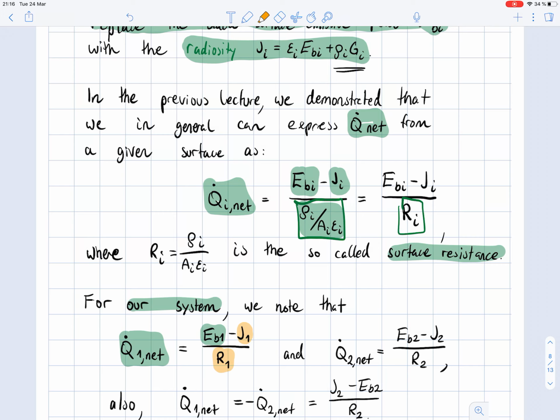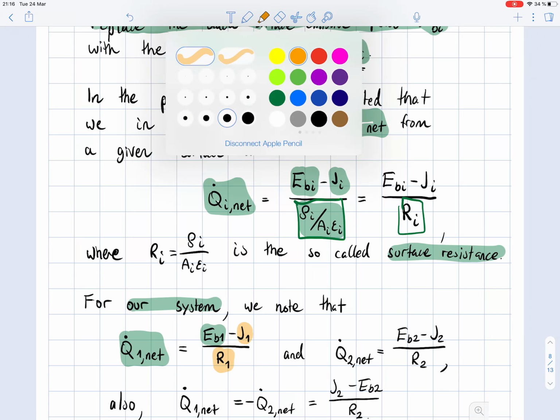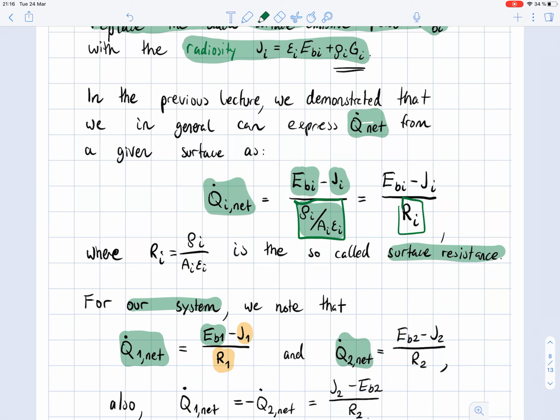That's the net heat transfer rate. Correspondingly, for surface number 2, we would have EB2 minus J2 divided by R2.